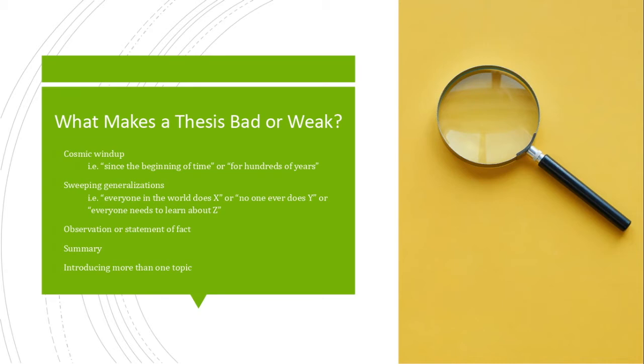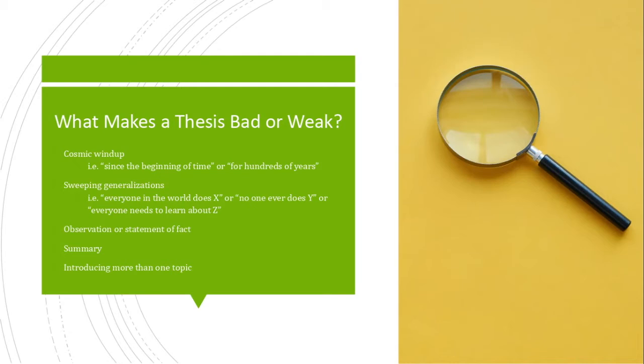And introducing more than one topic. Now, you may be looking at more than one subtopic within a general topic. If you're talking about opioid addiction, you may be interested in a couple of different audiences, like looking at athletes and then people with chronic illnesses. You may be looking at those two sides of the same coin and comparing how those situations are both problematic but different.